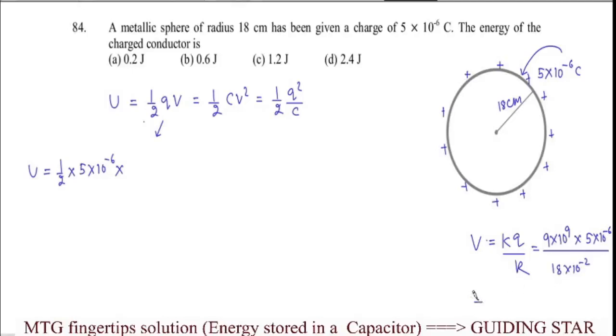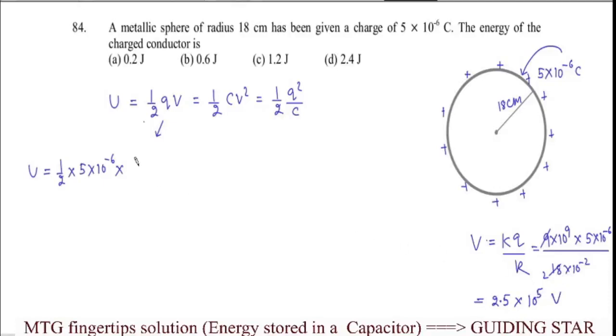So finally the value will be 2.5 into 10 to the power 5 volt of potential. Clear?